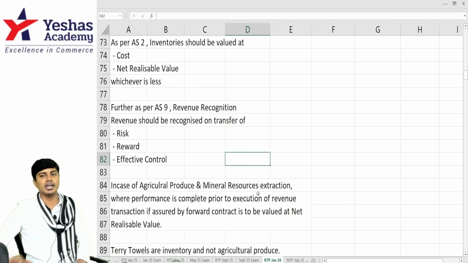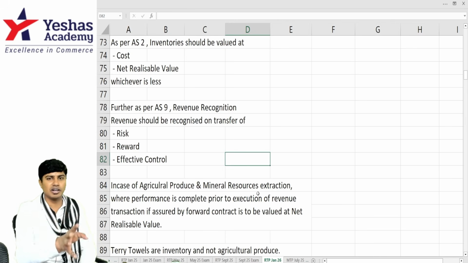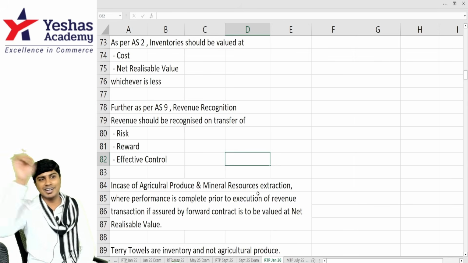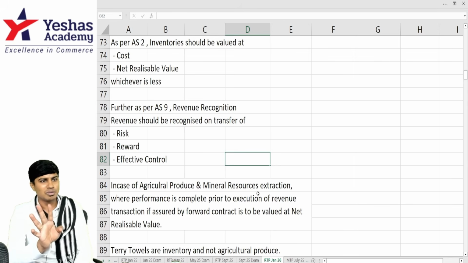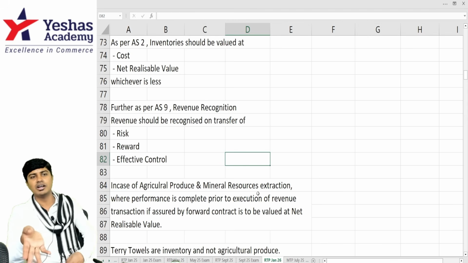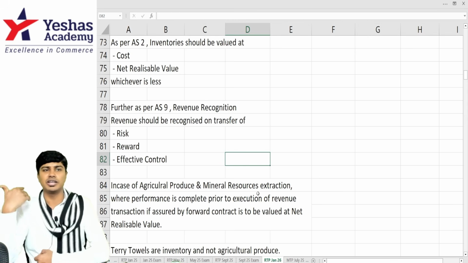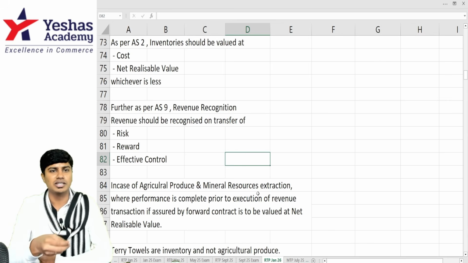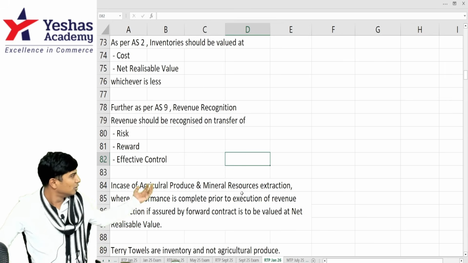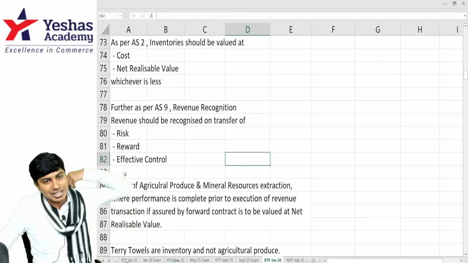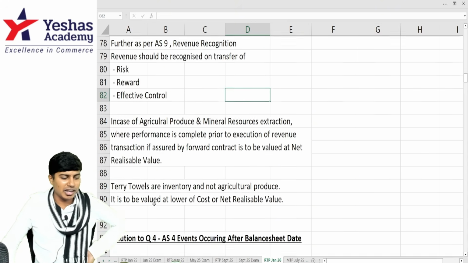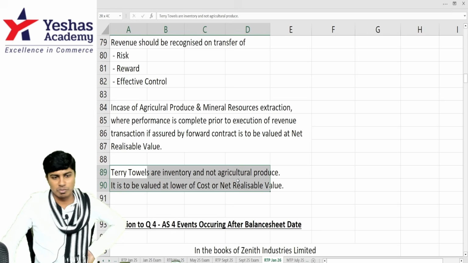So towel might be made out of cotton, might come out of plant, but towel ultimately is not agricultural produce. If that is the case, then I'll sell masala puri tomorrow and say it is agricultural income. Why? It has peas, it has carrot, it has radish, everything. No, incorrect. So agricultural produce and mineral resources can be valued at NRV, but terry towel is not agricultural produce.